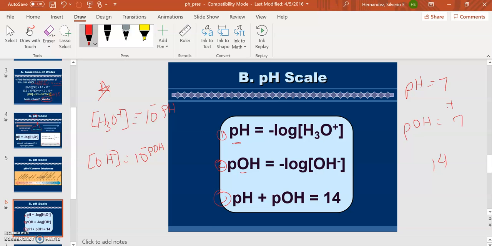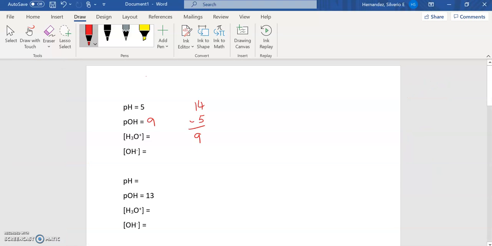So for that hydronium ion, it's going to be 10 to the negative value of the pH. Well, what was the pH? The pH was 5. So this is going to be 10 to the negative 5, followed by an M for the molarity, for the concentration of the hydronium ion.